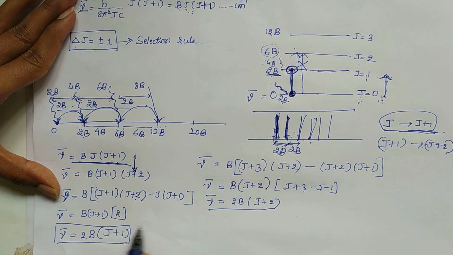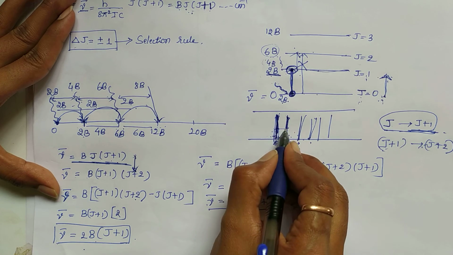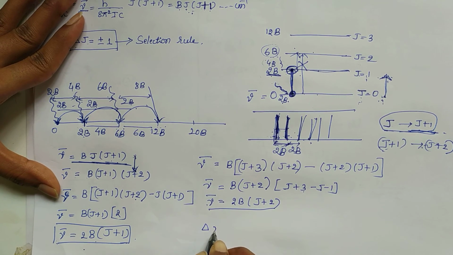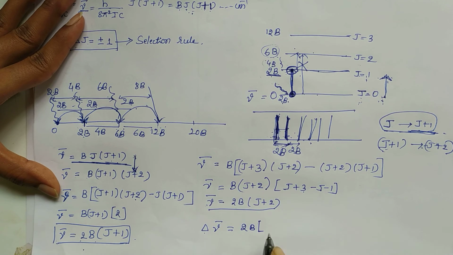Then the difference between these two gives the spacing between these two lines, that is delta nu bar, the spacing between two consecutive rotational lines. Delta nu bar is equal to this minus this. So 2B is constant from both the terms, and here J plus 2 minus J minus 1 will be there.